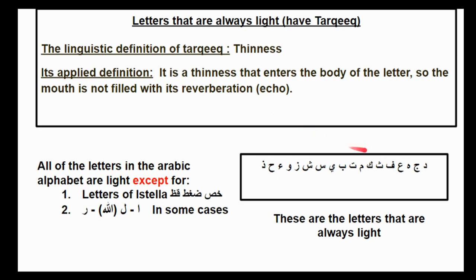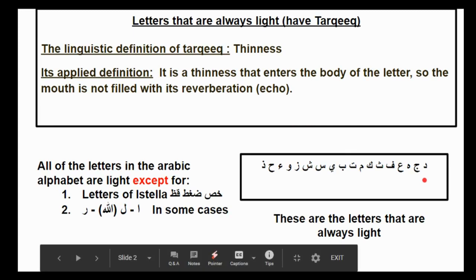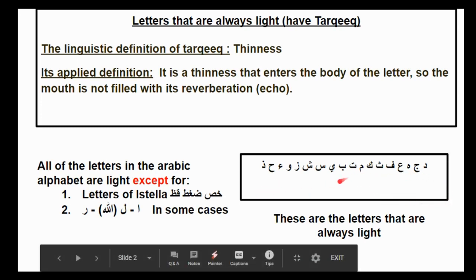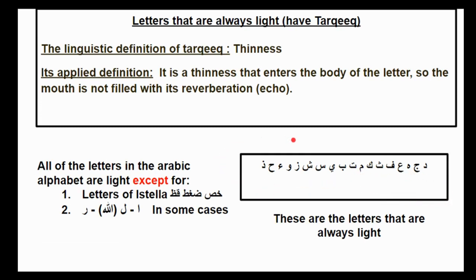So I'll give you a couple examples for these letters. Da, Ga, Ha. The articulation points for these can vary, but you don't try to fill your mouth with echoes and bring the back of your tongue up.